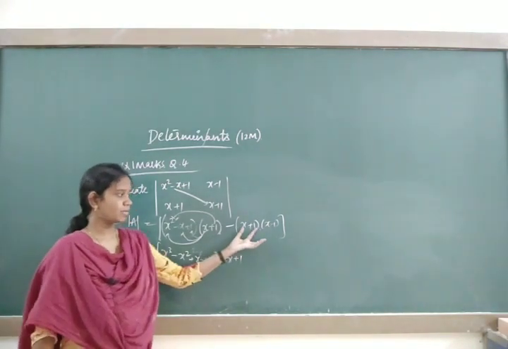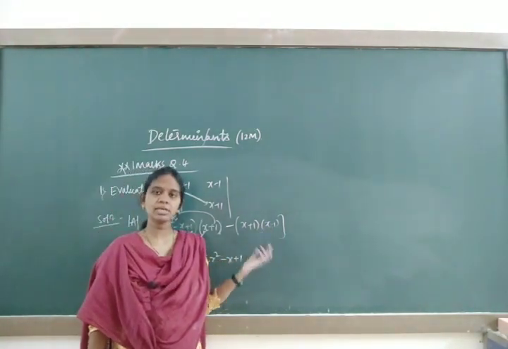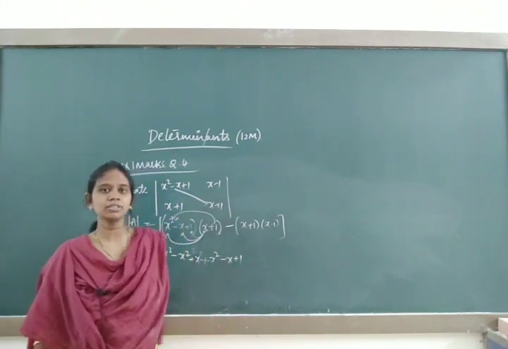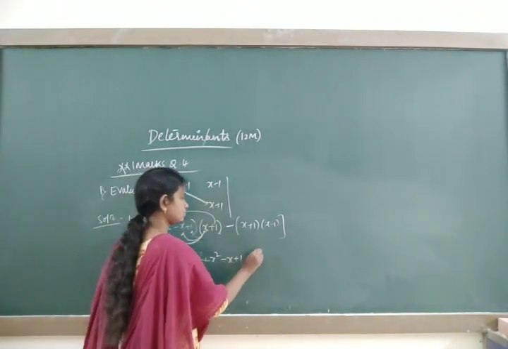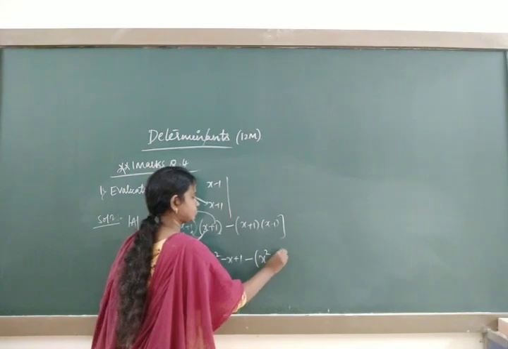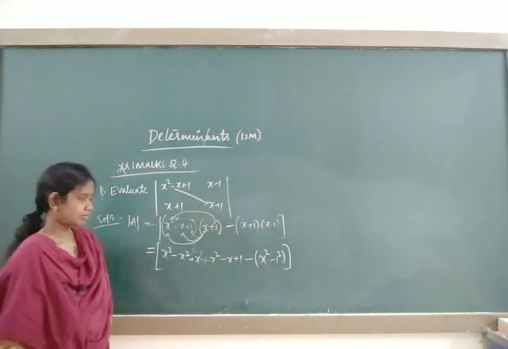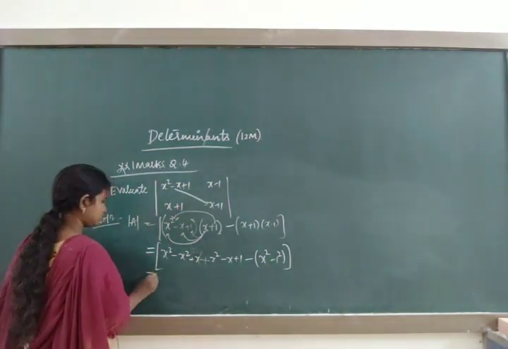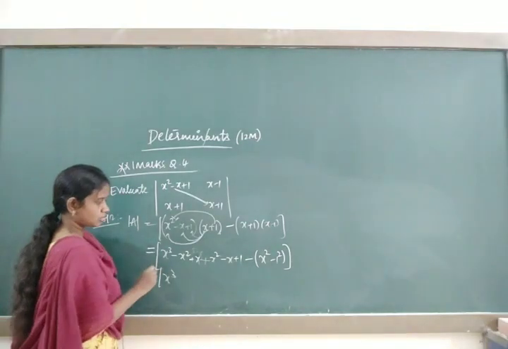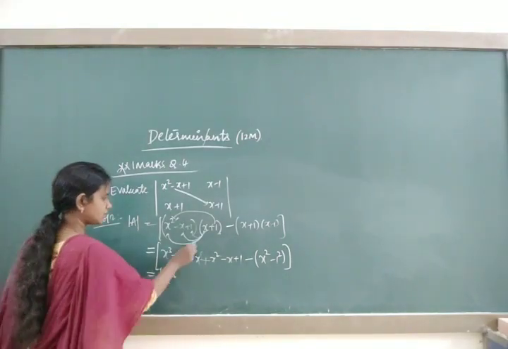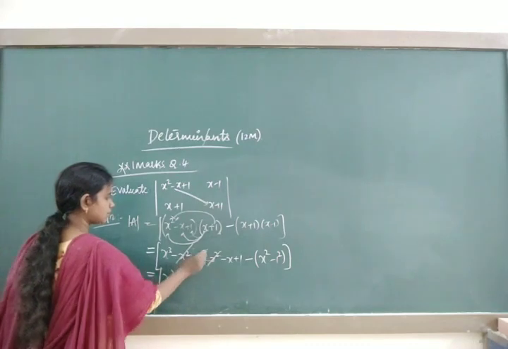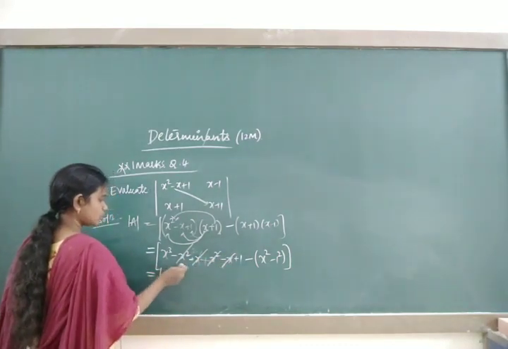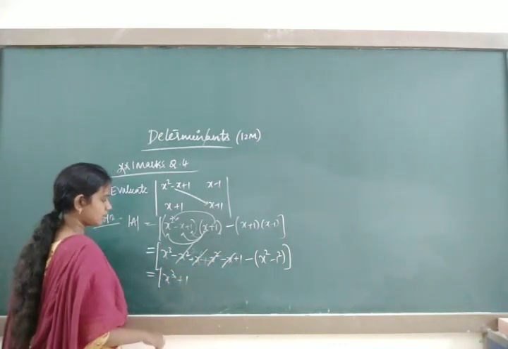Now this is of the form a plus b into a minus b. What is a plus b into a minus b? A square minus b square. So if anything cancels, you just cancel minus x square plus x minus x. So it will be x cube plus 1.